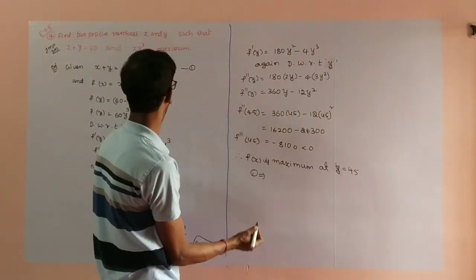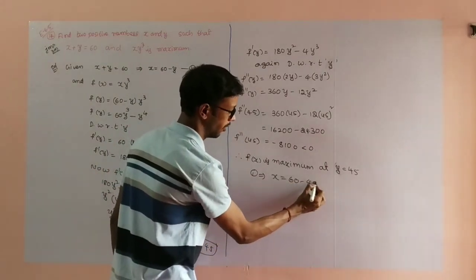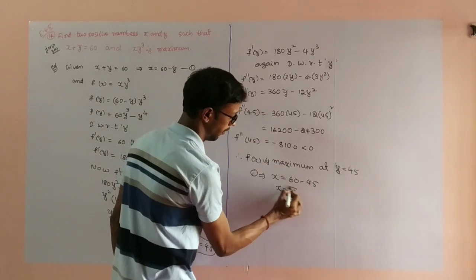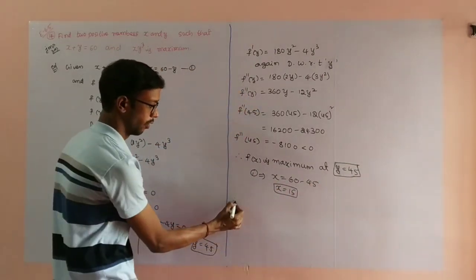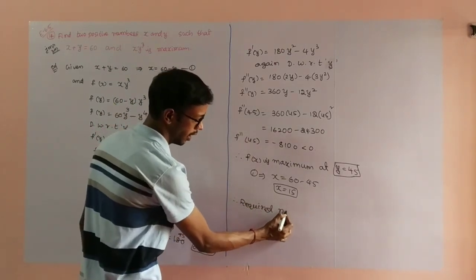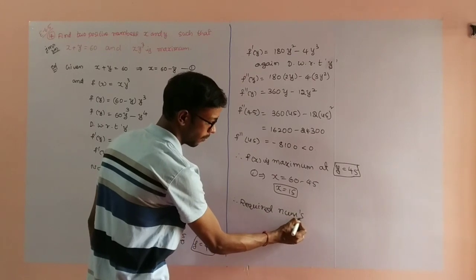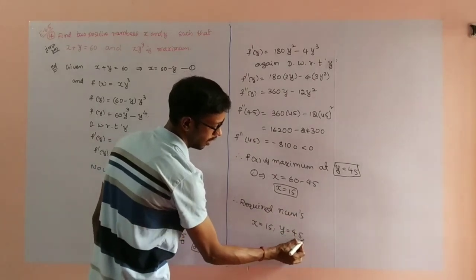X value we have to find from this. X equal to 60 minus 45. X equal to 15, y is equal to 45. Therefore, the required numbers are x equal to 15, y is equal to 45.